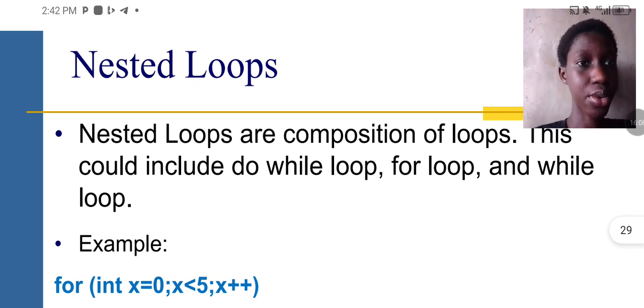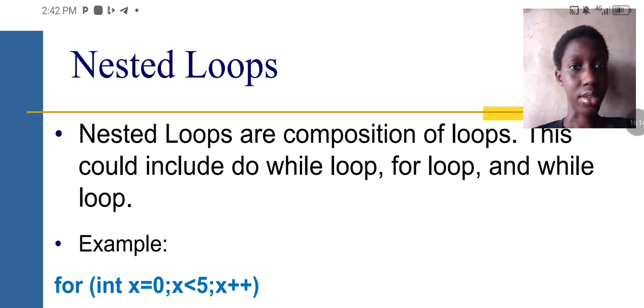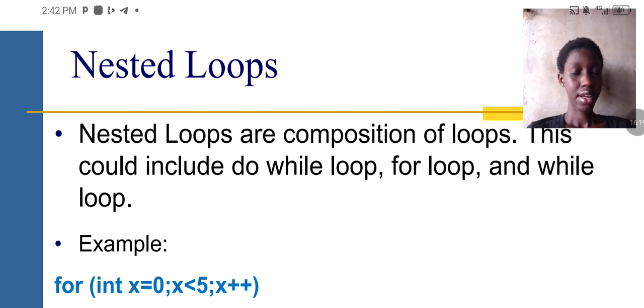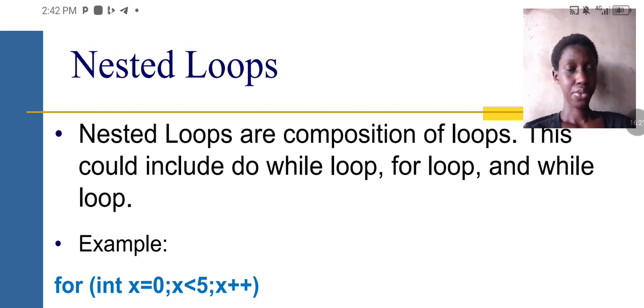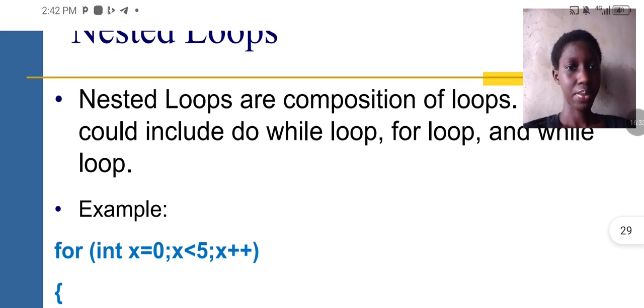Nested loops are a composition of loops, as we did for the nested if. You can include all the types of loops or iteration statements: the do while loop, the for loop, and the while loop. An example can be this.